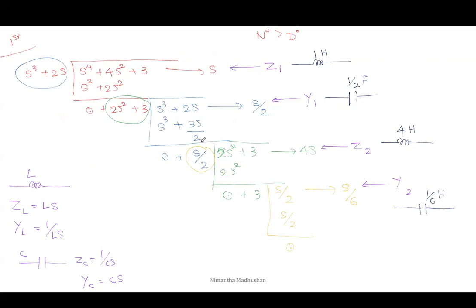Then the second part is I will apply the second Cauer form. For this one, I have to rearrange the function in ascending order. Then the numerator will be 3 plus 4s squared plus s to the power 4 and the denominator 2s plus s to the power 3.